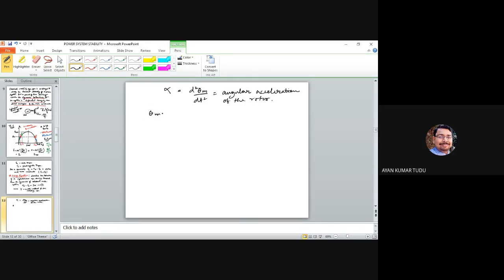This theta m is the mechanical angle of the rotor field axis with respect to the stator reference or the fixed reference frame.